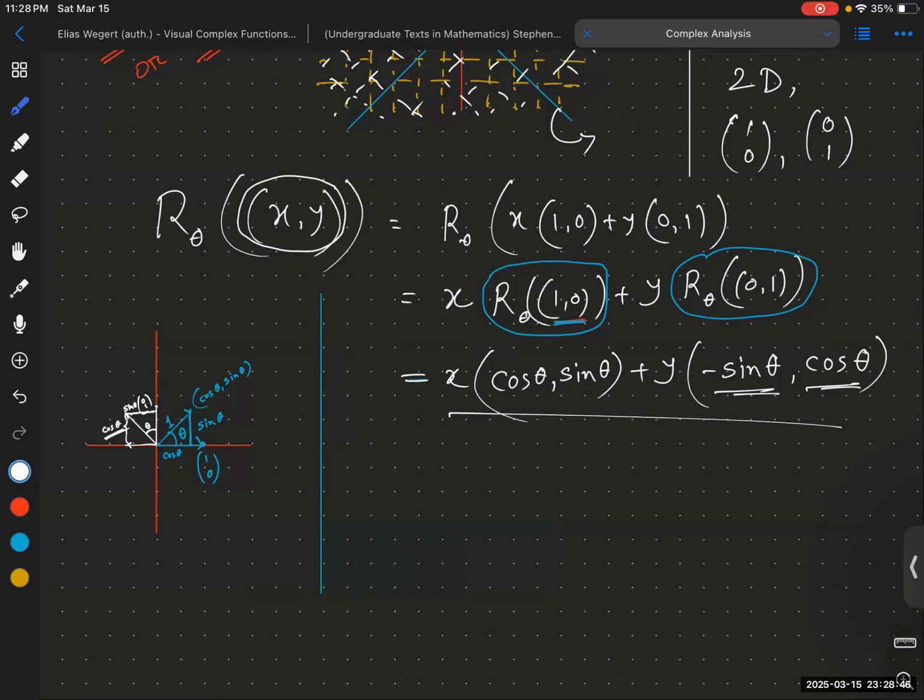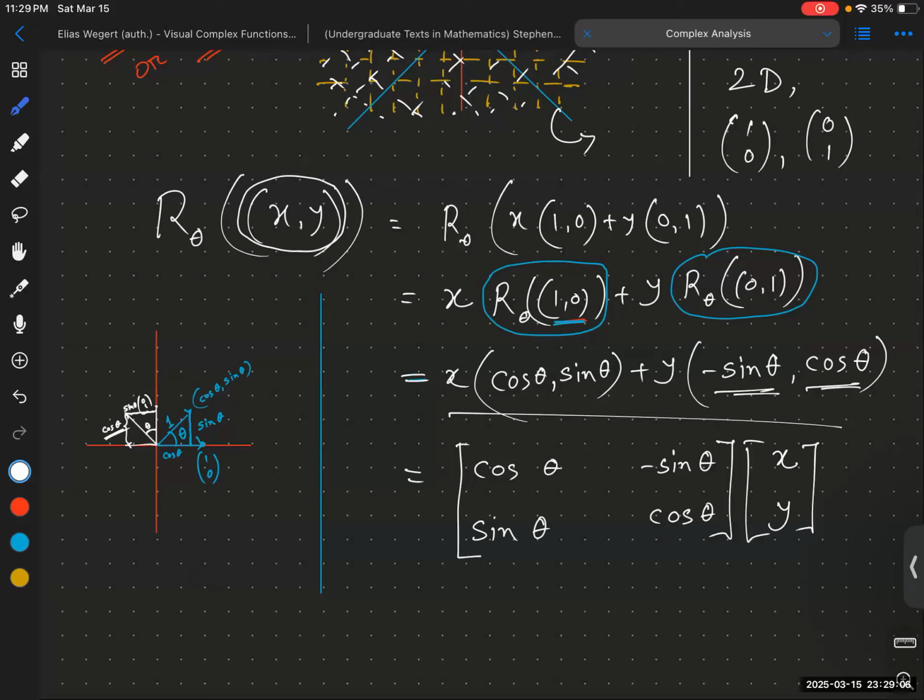So if we write it down as a matrix rotation, then this should be something like cos theta, sine theta, minus sine theta and cos theta, multiplied by the vector x y.